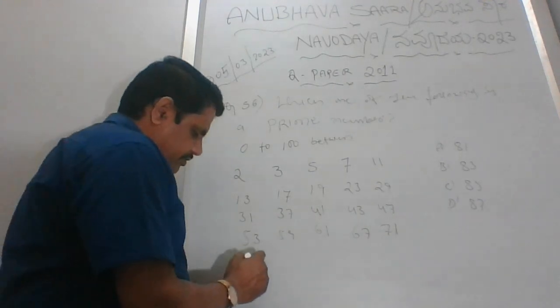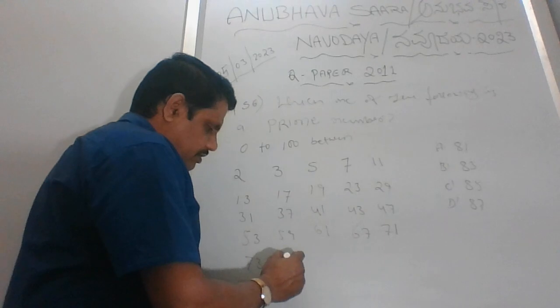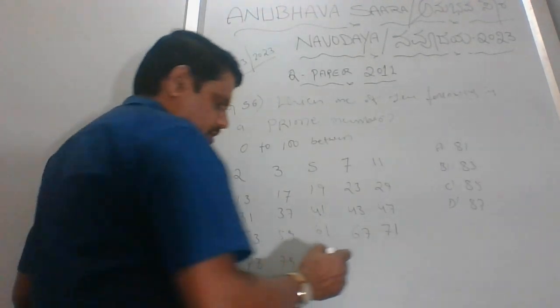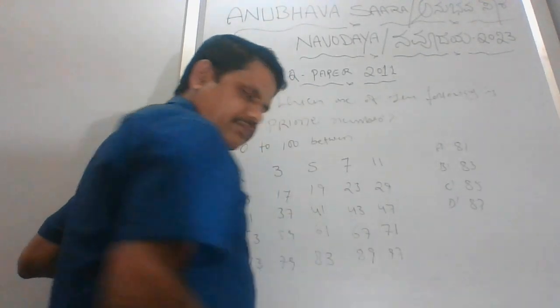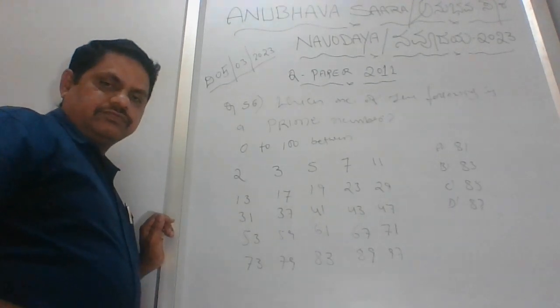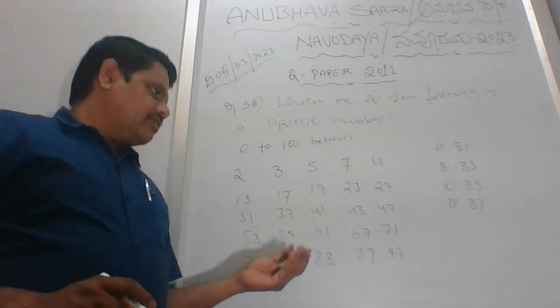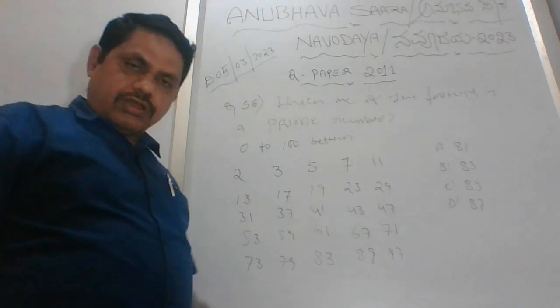Again 73, 79, 83, 89, 97. Fine. So these are the prime numbers between 2 to 100.